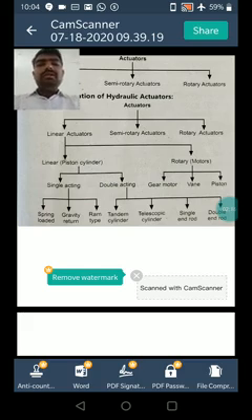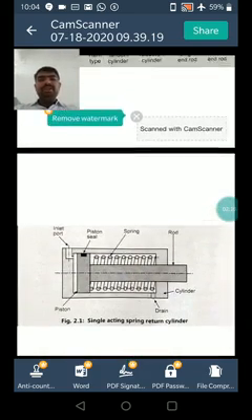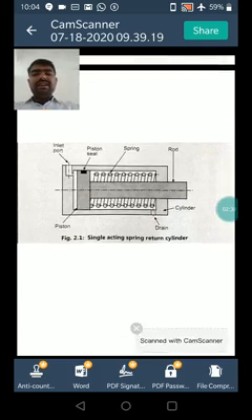Then we see the next point, the single acting operating principle. In a hydraulic cylinder there are two types of cylinder, that is single acting cylinder or double acting cylinder. Then we see the basic operating principle of a single acting cylinder.